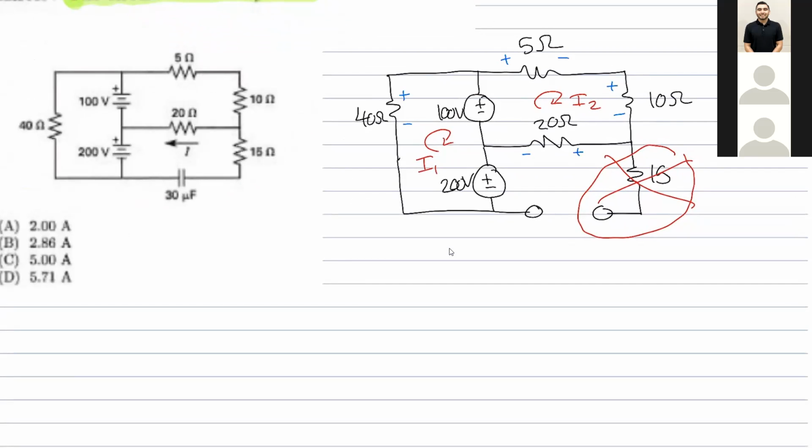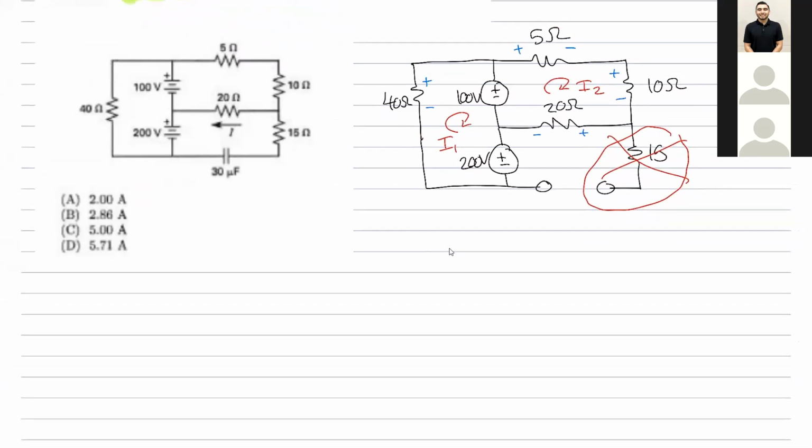Okay. So now find your two equations. For the first loop, loop 1, we got a rise on this side, and you always have to check your passive, non-passive sign convention. Be sure to always check that.